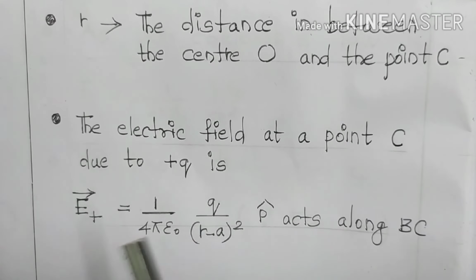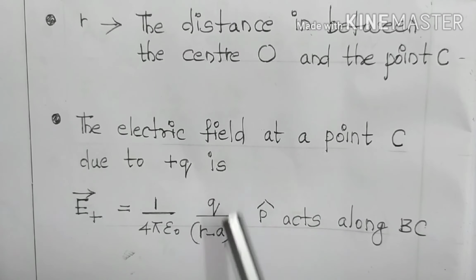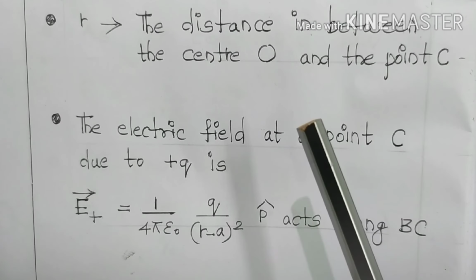We know the general expression for electric field: E is equal to 1 by 4 pi epsilon naught q by r square. The same thing is written over here, 1 by 4 pi epsilon naught q by, in the place of r the distance. What's the distance between plus q and C? It is r minus a, we have already seen.